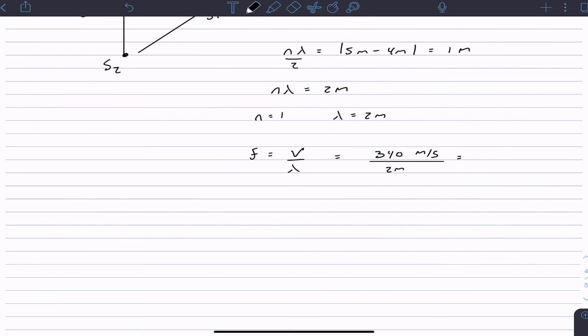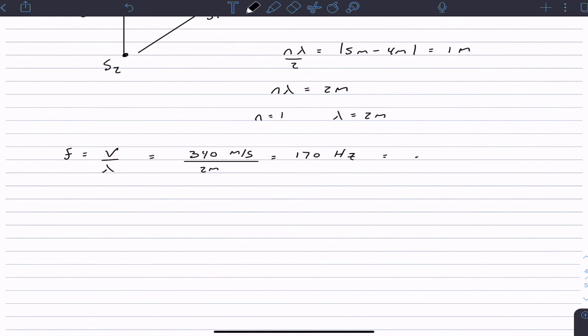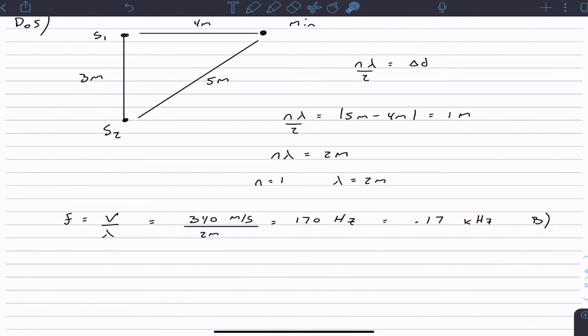This gives us a frequency of 170 hertz, which is also 0.17 kilohertz. Now let's check and see if that's an option. It's option B. So I think that's your answer. So for the first order minimum, we get this frequency here of 0.17 kilohertz.